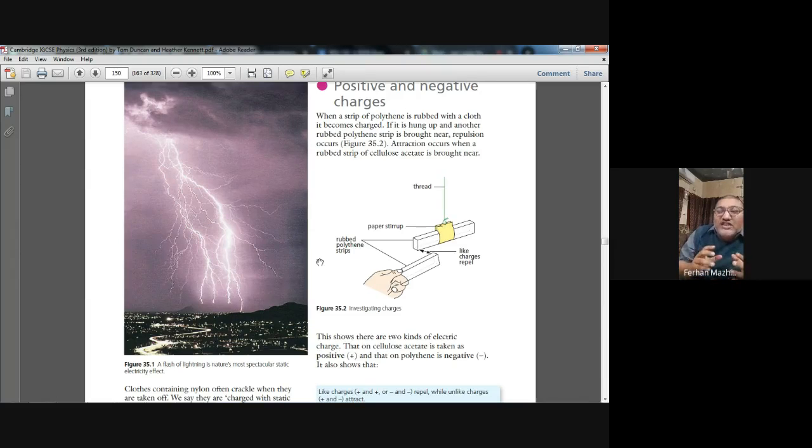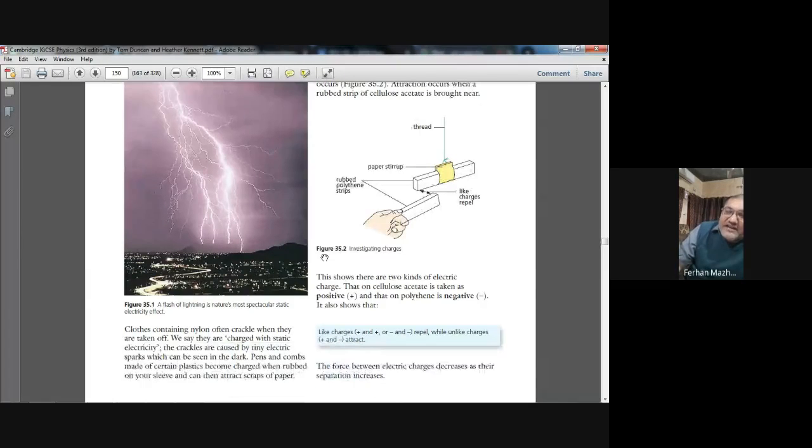This shows there are two kinds of electric charges. Cellulose acetate is taken as positive and polythene as negative. Like charges repel, while unlike charges, positive and negative, attract each other.